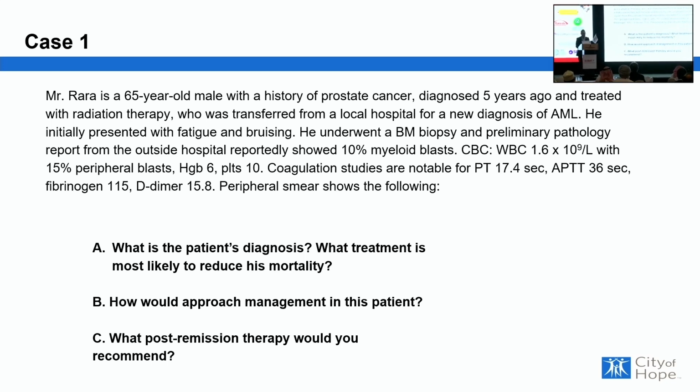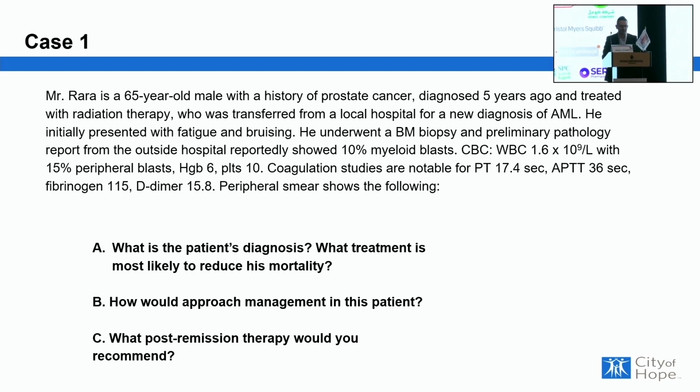Mr. Rara is a 65-year-old male with history of prostate cancer, diagnosed 5 years ago, and had some treatment with radiation therapy, transferred from a local hospital with new diagnosis of AML. He initially presented with fatigue and bruising. He underwent bone marrow biopsy, and this shows 10% blast.